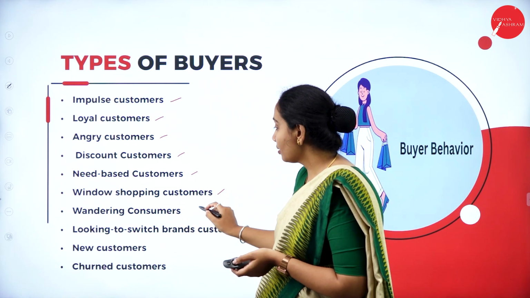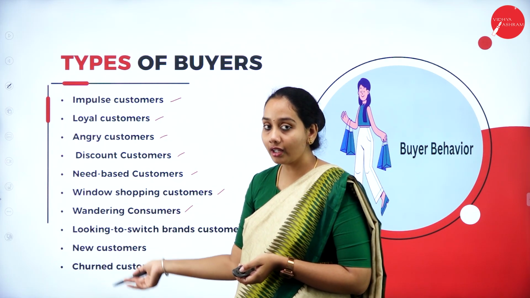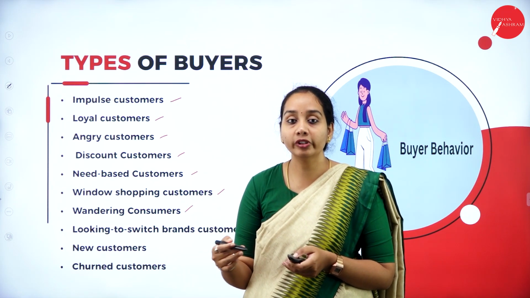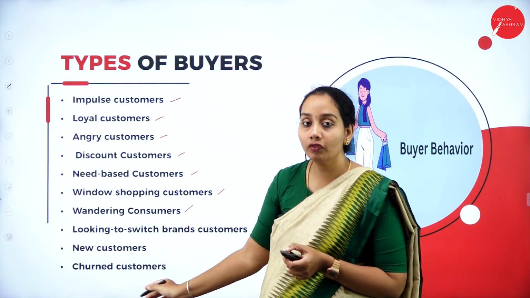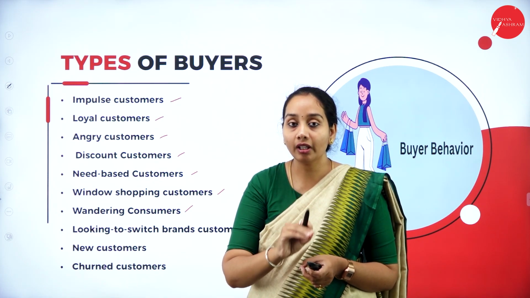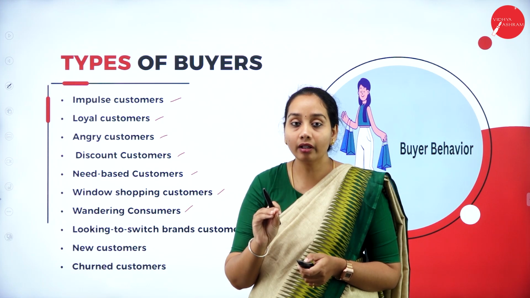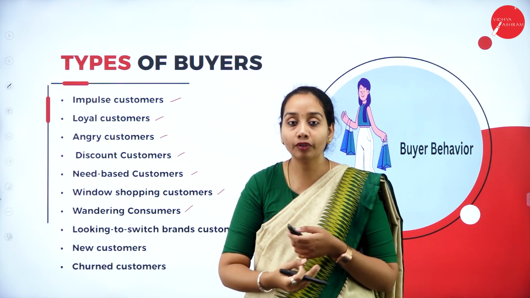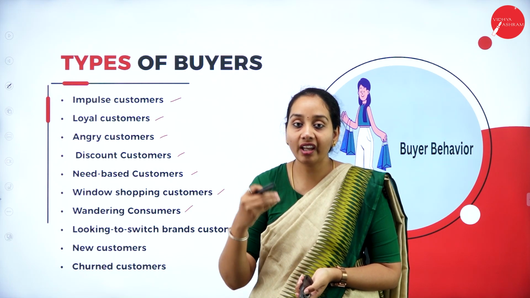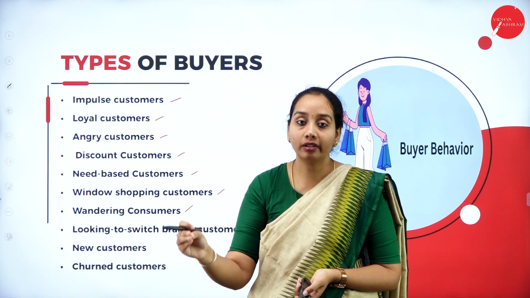Okay, next is about wandering customers. Wandering customers are kind of similar to impulsive customers. The name itself gives you the meaning, wandering. They are going to wander for different kinds of products. They also do not have enough knowledge about the product or service, and they are on the edge of purchasing the product, but they will be looking for different alternatives.